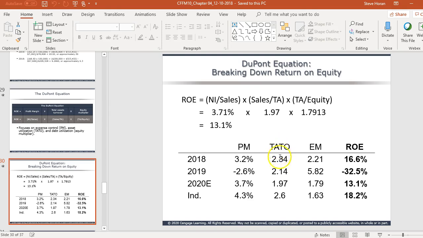Total asset turnover keeps declining, and it's definitely always been below industry average, so that's an issue. And then my equity multiplier, good news here, it's above industry for 20, but it could be improved. So if I'm trying to figure out ways to improve my ROE, the two big things are my profit margin needs to get better, and my total asset turnover ratio needs to get better. Those are the two I'm going to focus on.